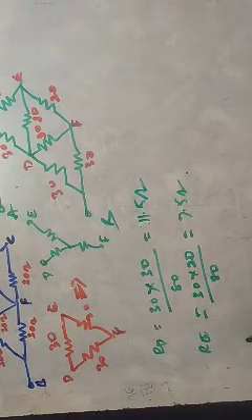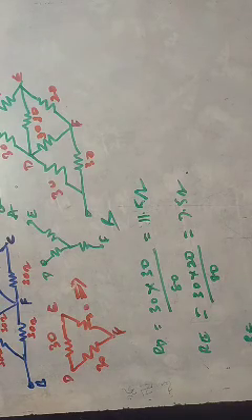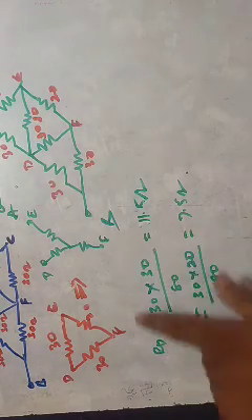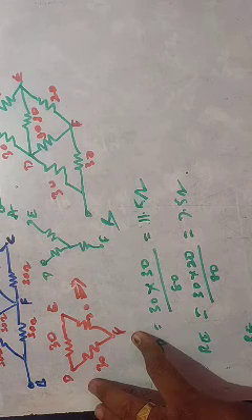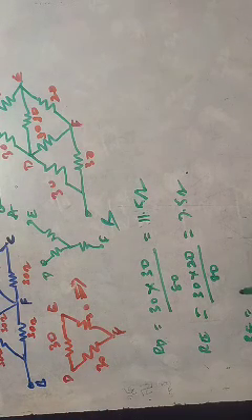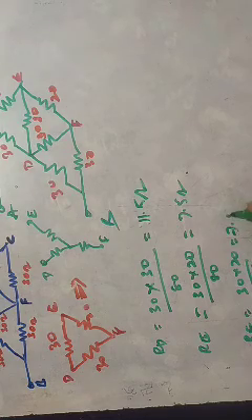Similarly, I need RF. For RF we got 30 ohm and 20 ohm, the same values. 30 into 20 divided by 80 is equal to 7.5.